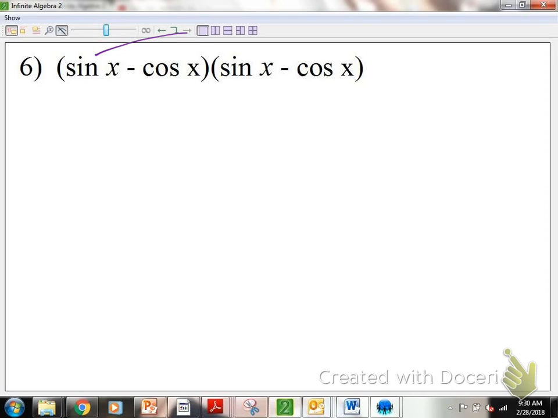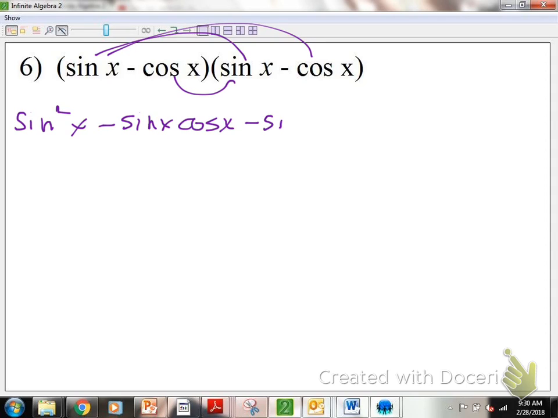Sine x times sine x is sine squared of x. Sine x times negative cosine x is negative sine x cosine x. Again, we get another one of those when we multiply there.